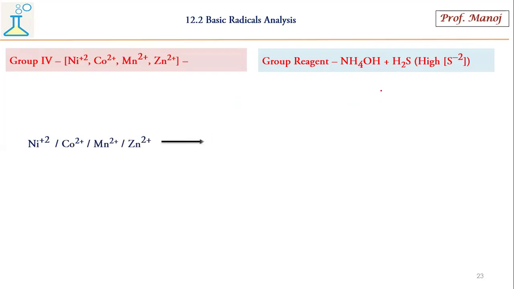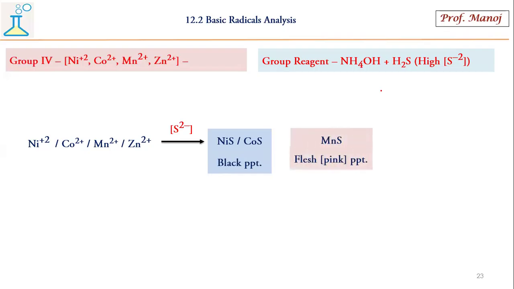So when you treat with H2S, depending on precipitate, you can recognize. If you have black PPT, it might be nickel or cobalt. If it is flesh or pink colored PPT, it is manganese. And if it is a white PPT, it is zinc sulfide.